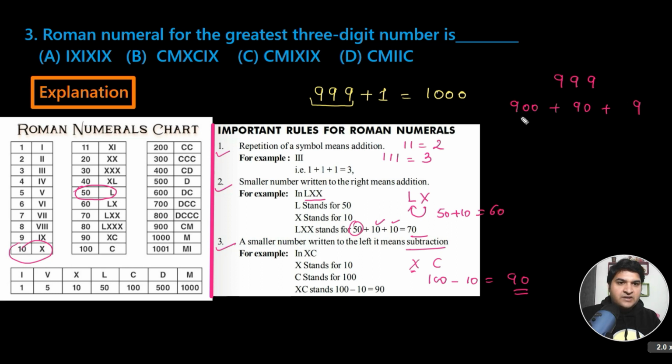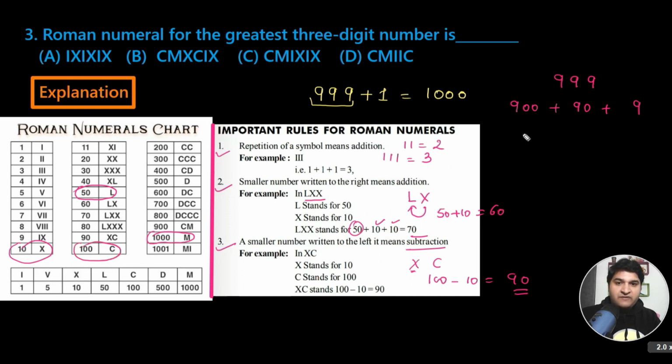So how can we write 900? We know how to represent 1000. 1000 is represented by M. So if we subtract only 100 from this M, which means C, you will get 900.